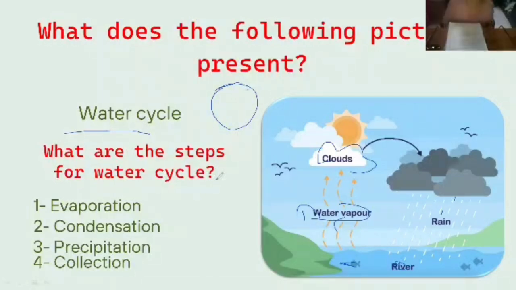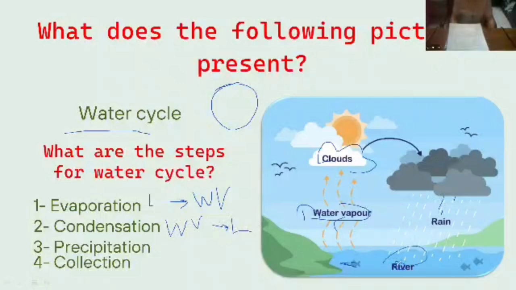I told you, Yasmina, evaporation is when liquid in the river becomes water vapor. Condensation is when water vapor becomes a liquid. Precipitation is the falling down of rain.